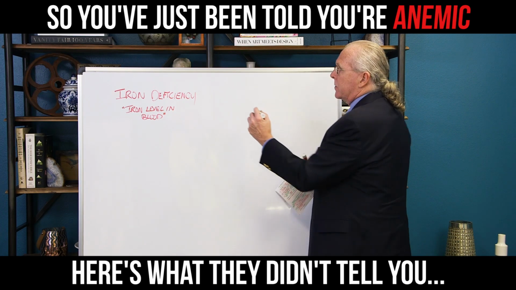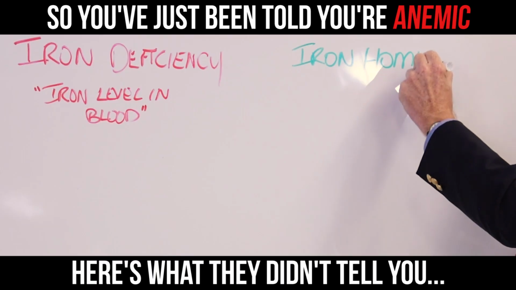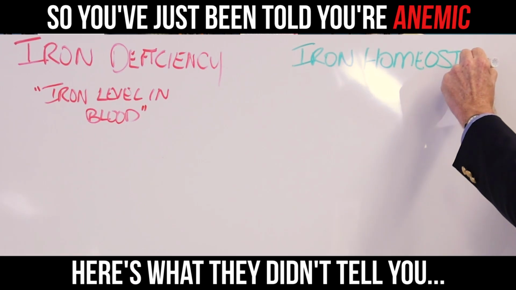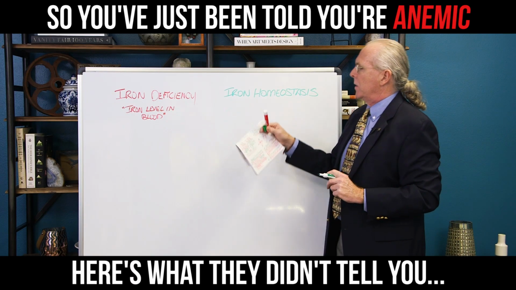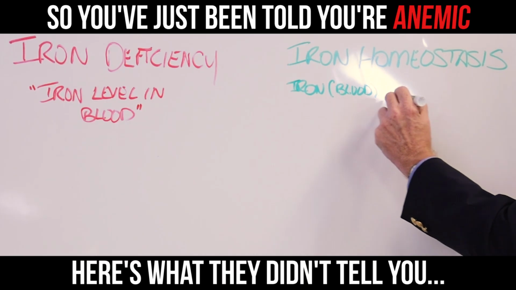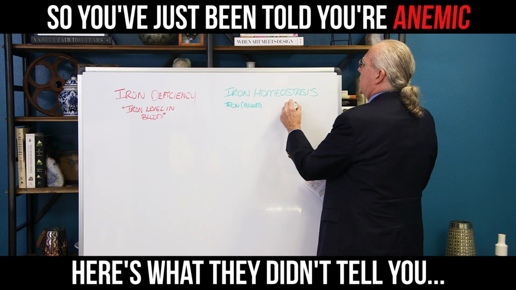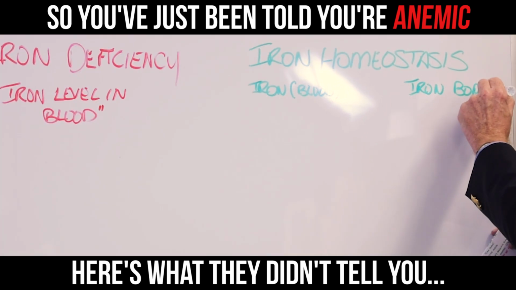What's important to understand is that there's also a concept called iron homeostasis, which is very different than iron deficiency. What iron homeostasis is looking at is not just iron in the blood, but it's also looking at iron in the body or in the tissue.